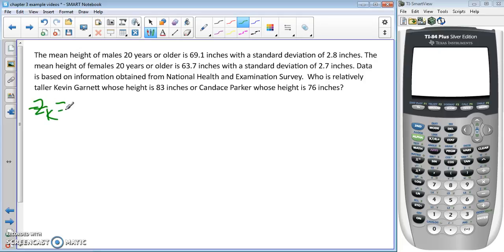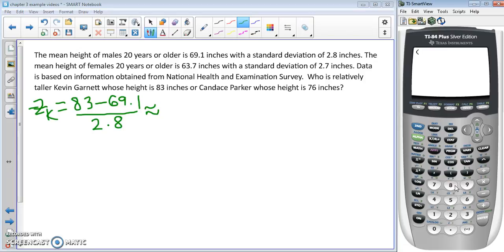That's going to be the data value, so his height, minus the mean, so mean height of males, divided by their standard deviation. So let's go ahead and compute that. Parenthesis 83 minus 69.1, close my parenthesis, divided by 2.8. So that's approximately 4.96.